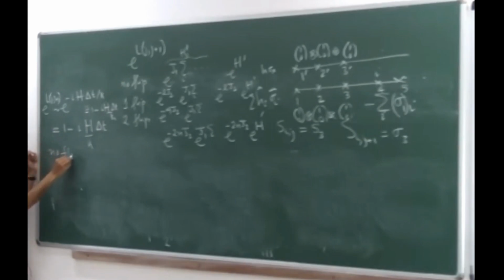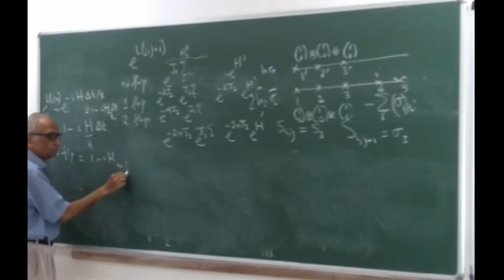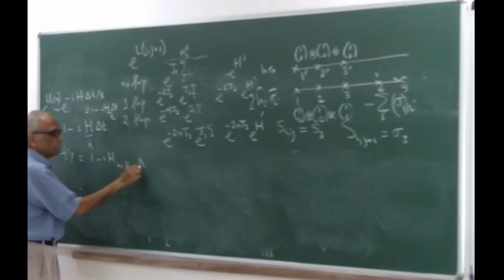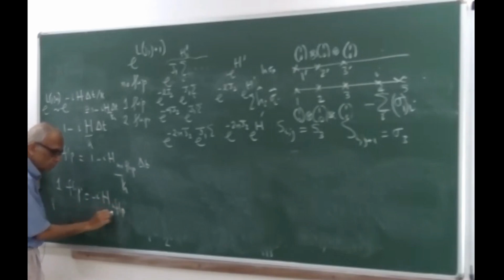No flip is 1 minus IH matrix element, no flip, delta T over H bar. If it is one flip, then this is not operational. Then it is minus IH 1 flip divided by H bar delta T.